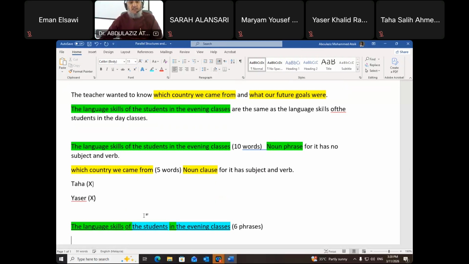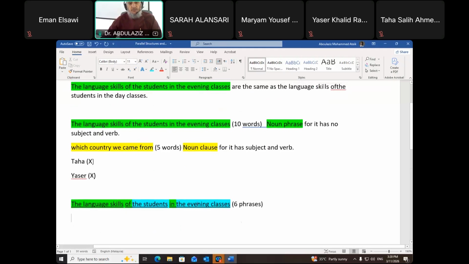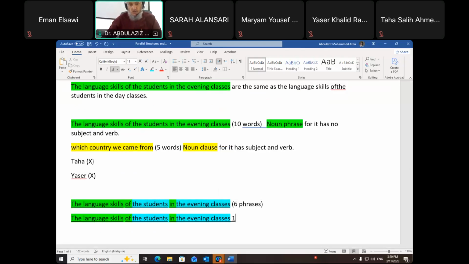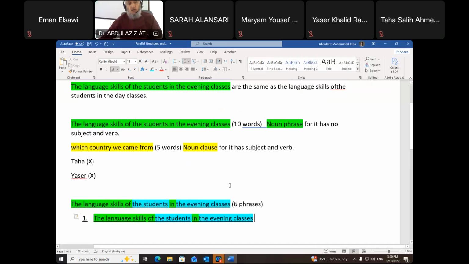If you take them like this, this is number 1. Number 2, the language skills. Number 3, the language skills of the students.